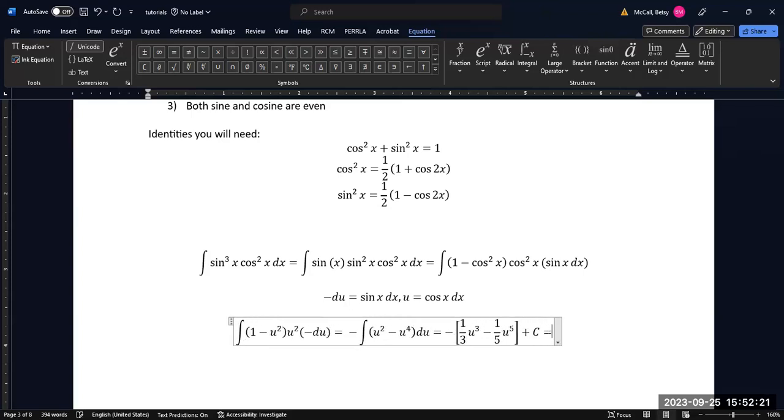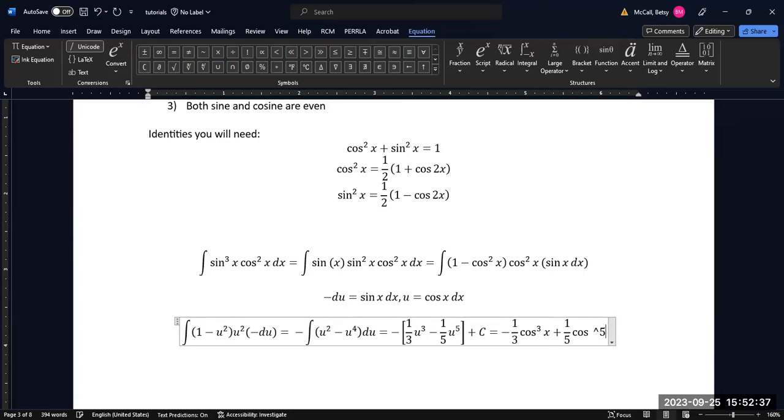And of course, I have to go back to my original variable. When I put everything back together, I get cosine cubed x plus, because I'm distributing my minus sign, 1/5 cosine to the fifth x plus c. So I'm getting essentially a polynomial in cosine.